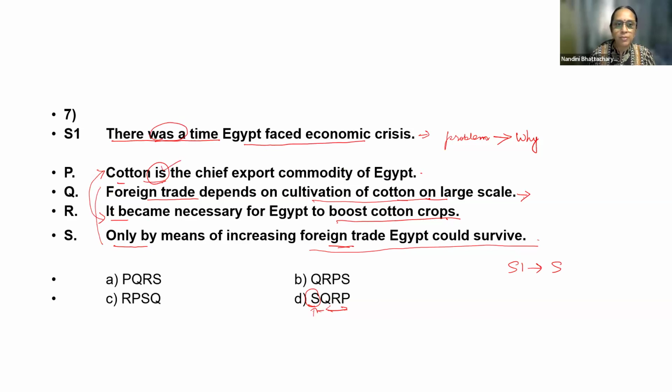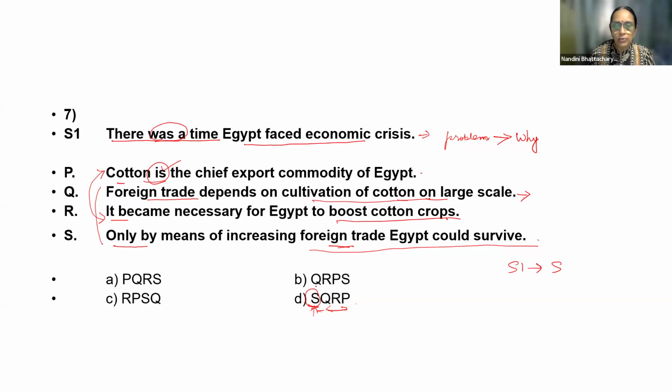So obviously P should come last, if you look at the chronological order. Right? So it is SQRP. Even if you are not sure that S is the introductory sentence, you go into the others, you will still get your answer.